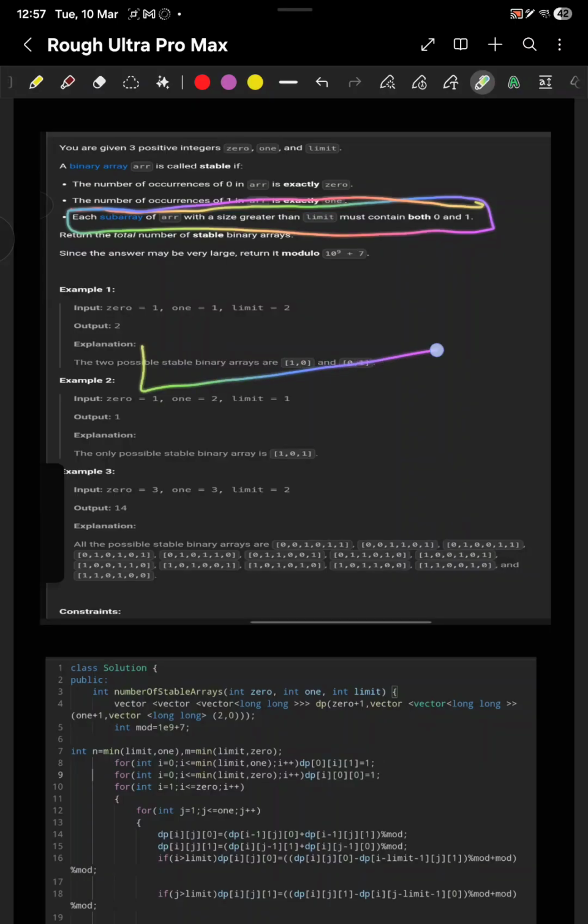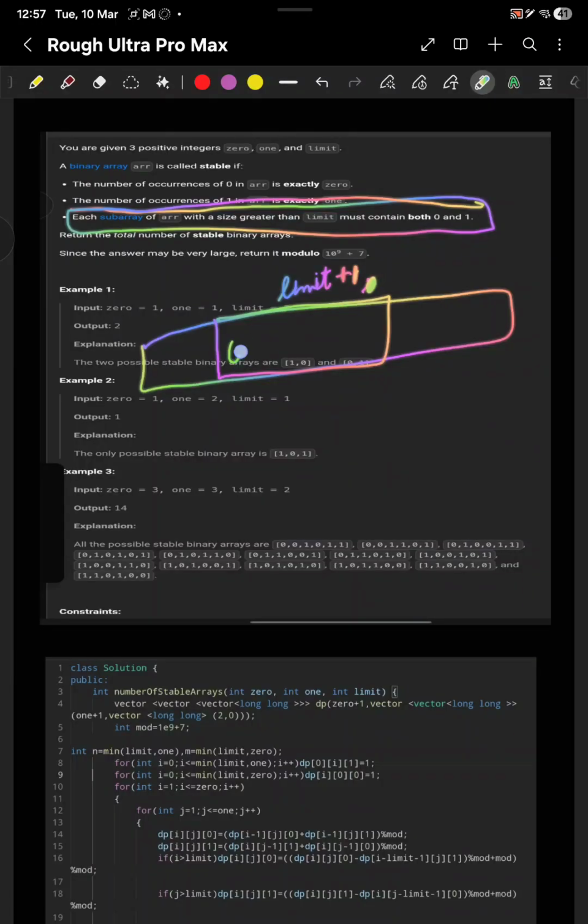for this array, each subarray with a size greater than limit, so assume this is a window of limit size, so each subarray with a size greater than limit, meaning limit plus 1, should have at least one of either integers.